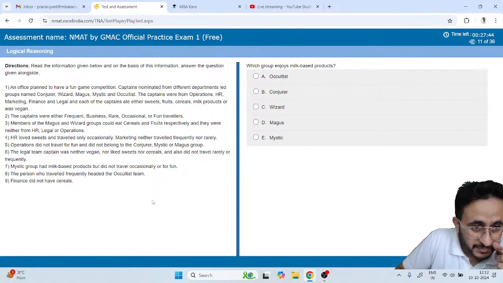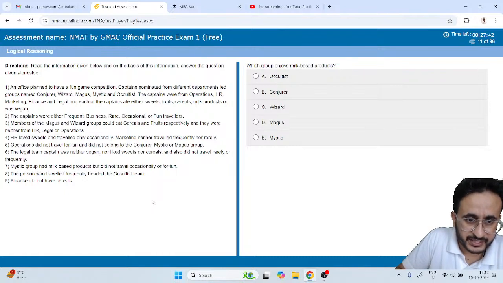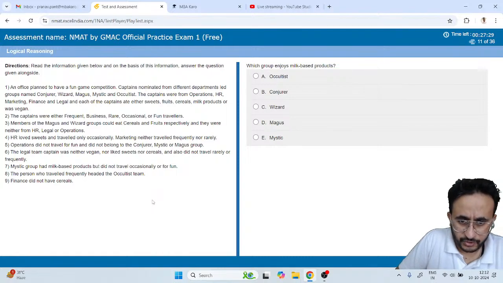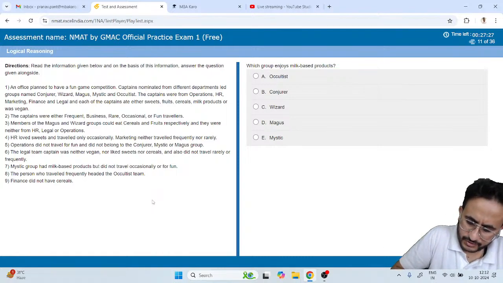Okay, now point number three is done. HR loved sweets and traveled only occasionally. HR is sweets, we'll come to it later. Operations did not travel for fun. Operations is not Conjurer, Mystic, or Magnus. So operations is Oculist.